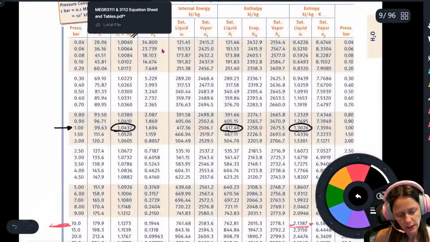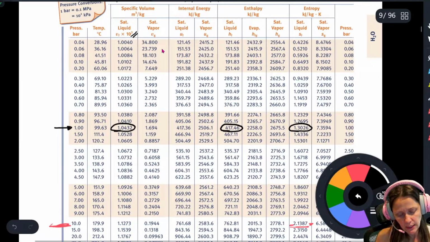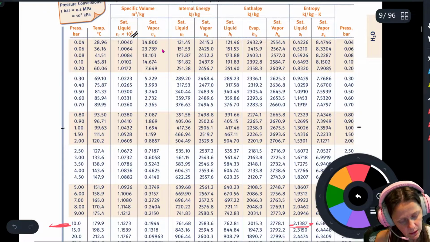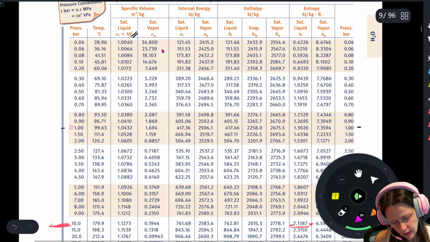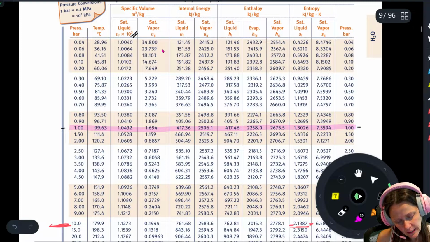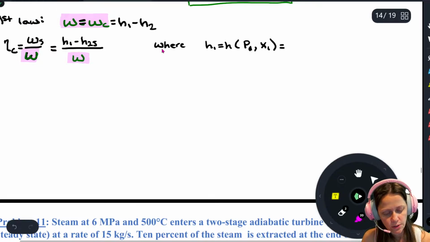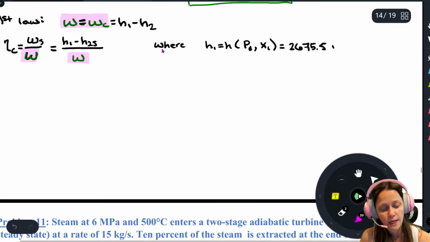So let's go look at that. Not looking at these subscript F anymore, but we need an H sub G value. So that's this one right here: 2675.5 kilojoules per kilogram.